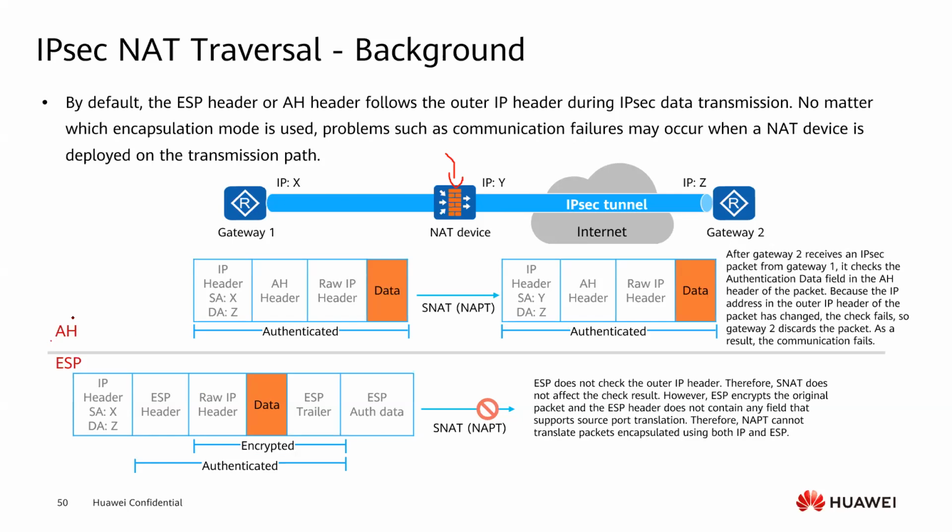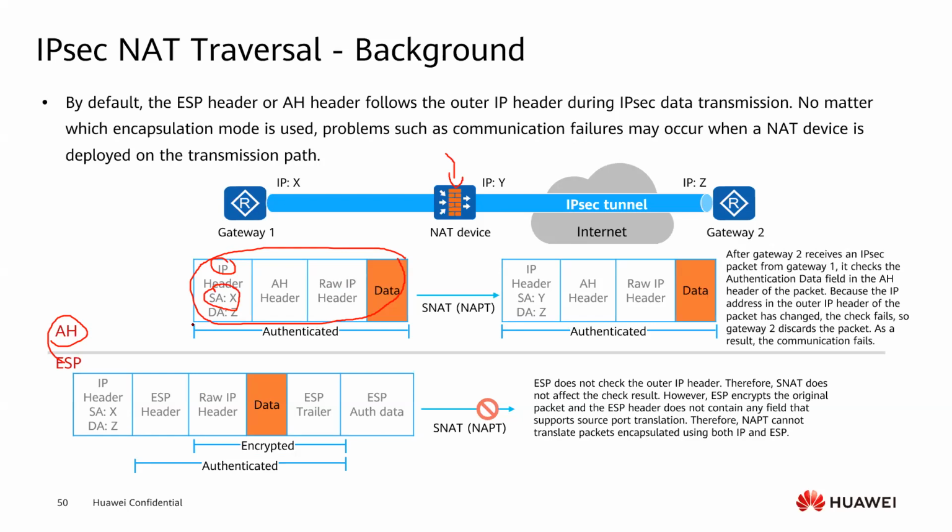First, AH will authenticate the whole packet. So no matter whether you are using tunnel mode or transport mode, the outer header is exchanged.